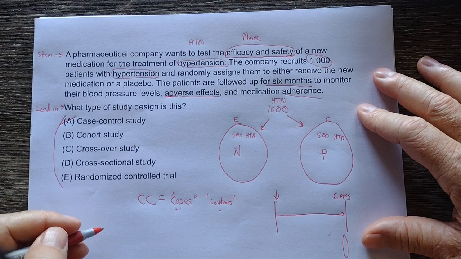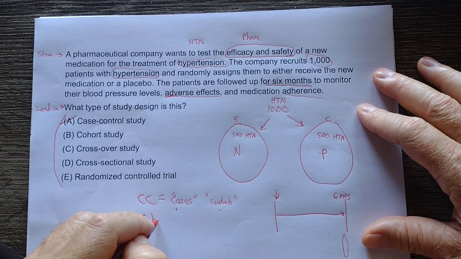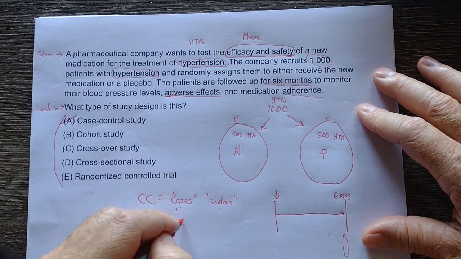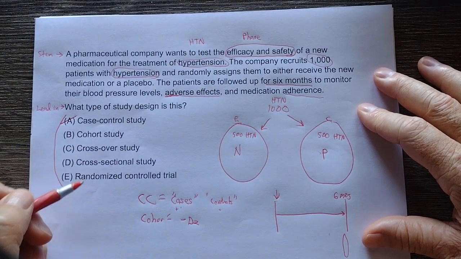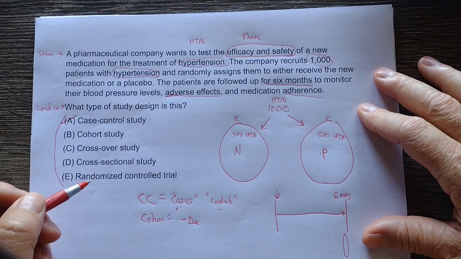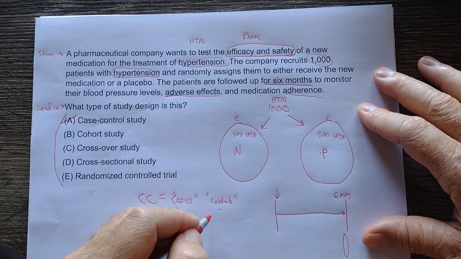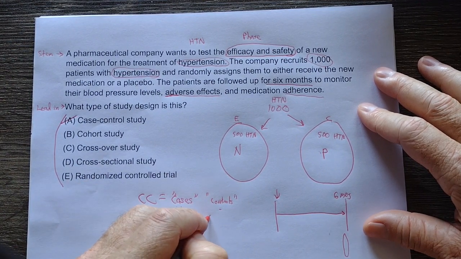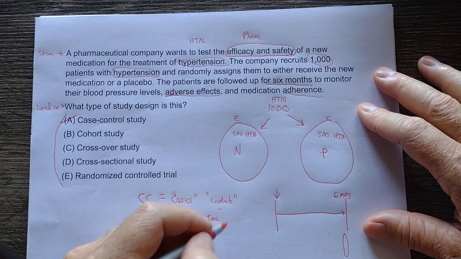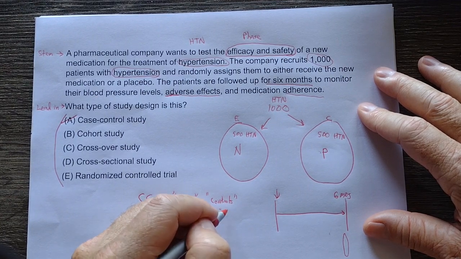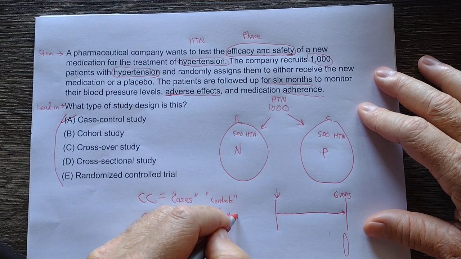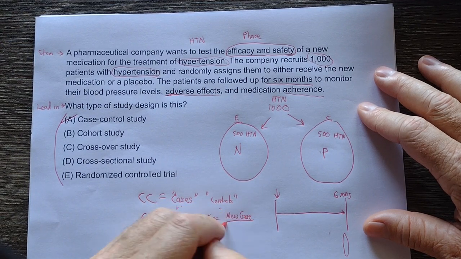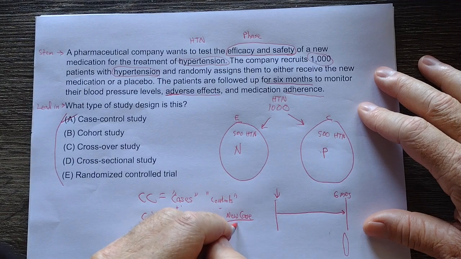Cohort study. Did we start with people who did not have the disease? The answer is no, they had the hypertension. In cohort study, we are looking for incidence, right? And the incidence comes from those that are new cases divided by those that are at risk.